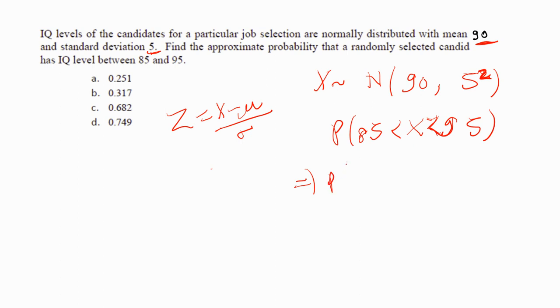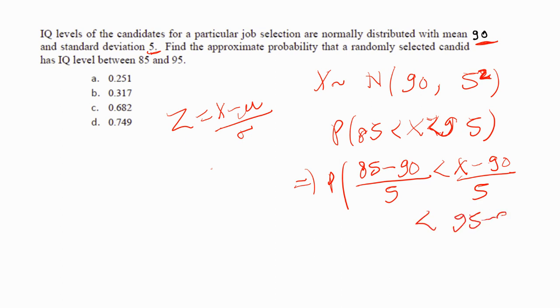So it will be the probability of 85 minus 90 divided by 5, less than x minus 90 divided by 5, less than 95 minus 90 divided by 5.